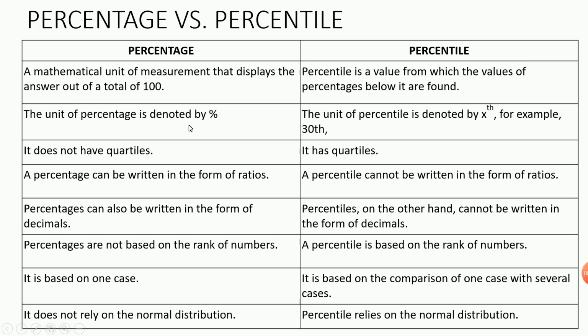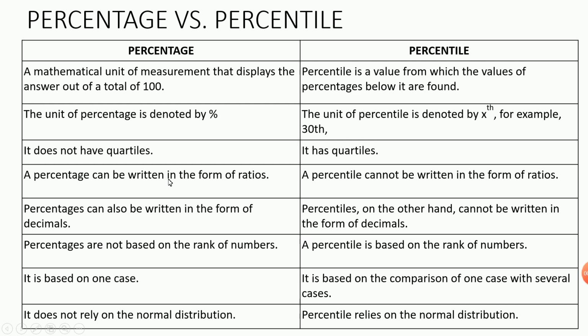Percentage is denoted by the percentage symbol. Percentile is denoted by whatever number we designate, for example the 30th percentile. Percentage does not have quartiles. Quartiles means quadrants, kind of thing. Here, percentile has quartiles.